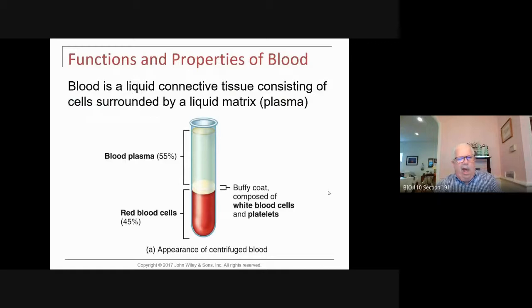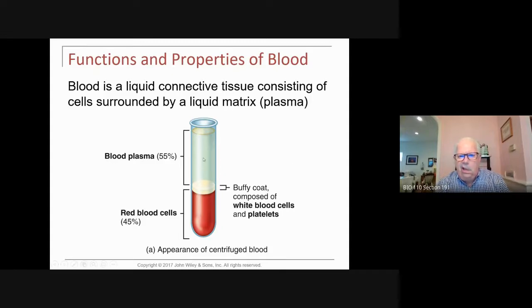Blood. If you took AP1, you know that blood is a liquid connective tissue consisting of cells surrounded by a liquid matrix known as plasma. If you put blood that you've drawn from someone's arm and spin it down in a centrifuge, you see this in a test tube.